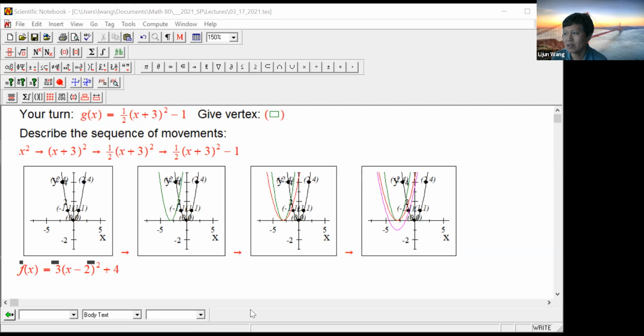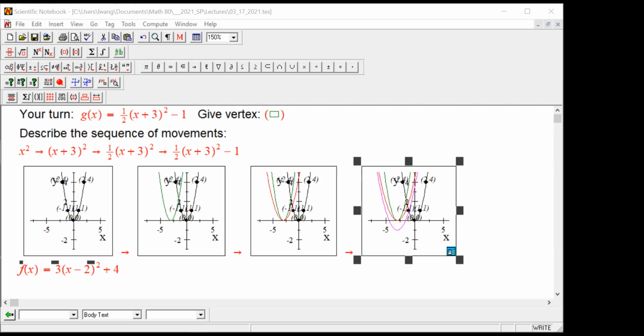What is the vertex? Tell me, what is the lowest point here? It's going to be in the quiz. Of course, similar questions. -3, -1.